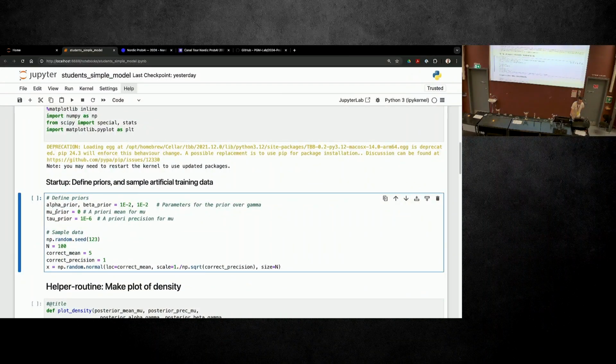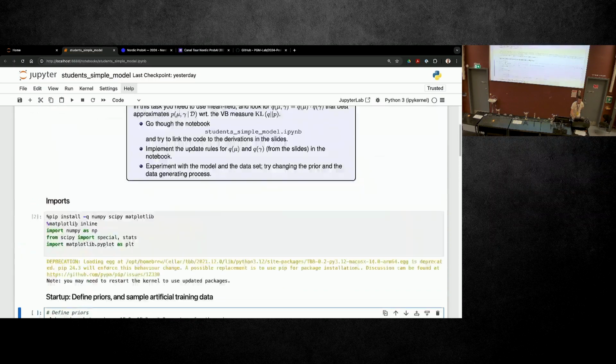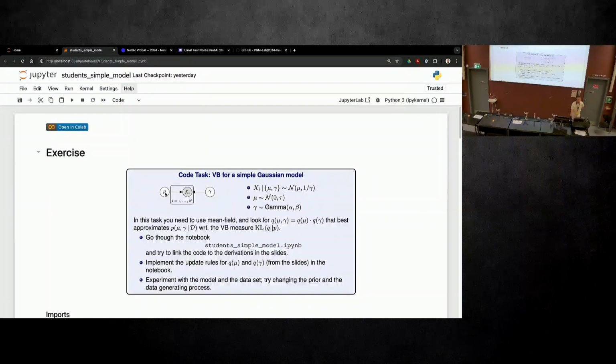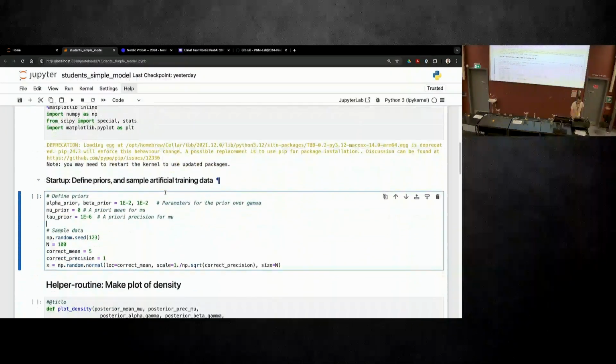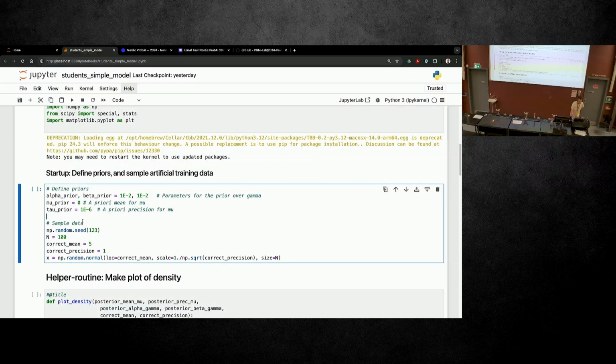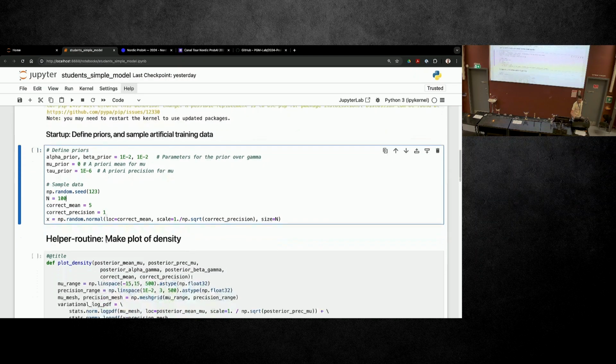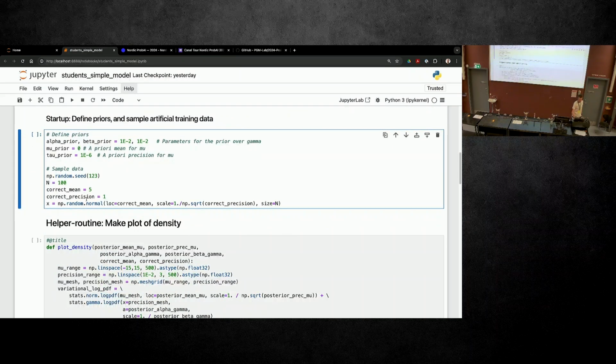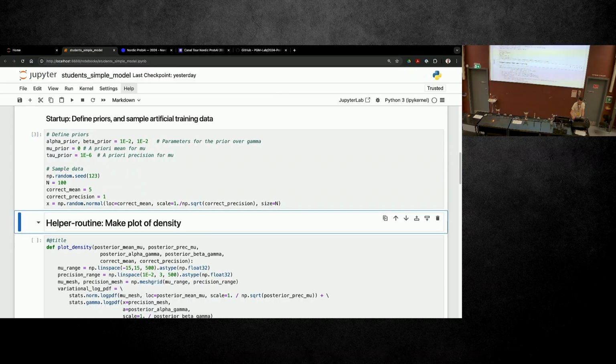And we have mu prior and tau prior, so that would be the distribution over mu that we have here. The prior mean is assumed to be 0, and the precision is assumed to be very small, so we have a very large variance, so it's very uninformative. We have 100 data points that are sampled from a normal distribution with a mean of 5 and a precision of 1. This is our data set.